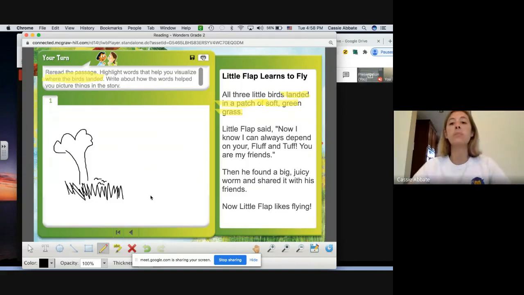So that helps me to realize that the birds didn't get hurt. They landed softly. They landed to where they weren't going to hurt themselves, right? They dropped down to the ground and they were able to keep doing what they wanted to do. And because of that, little Flap likes flying because he landed in a soft spot.